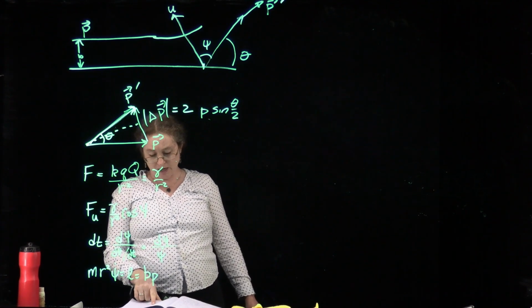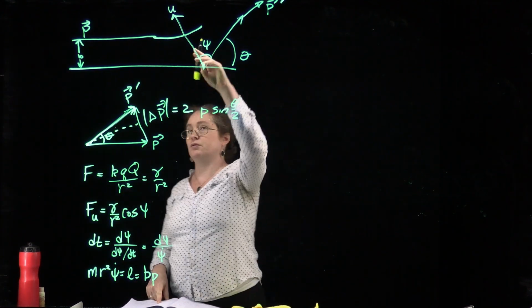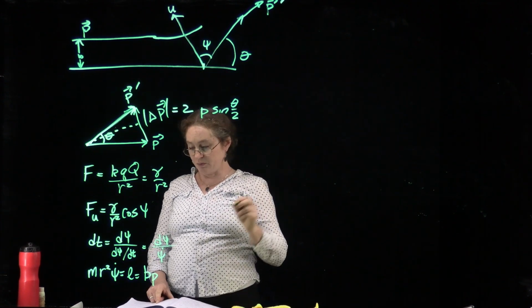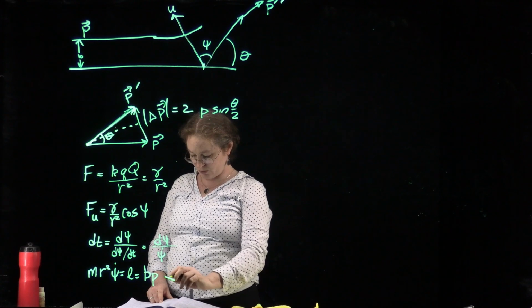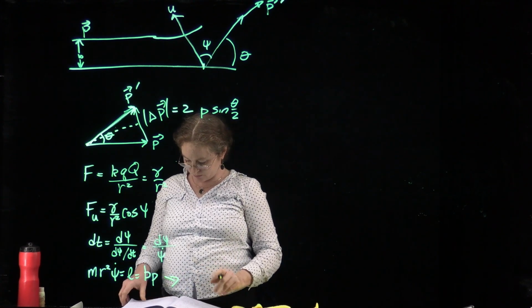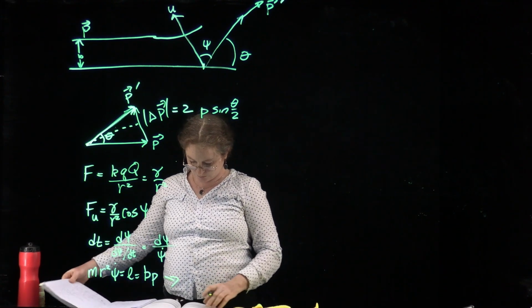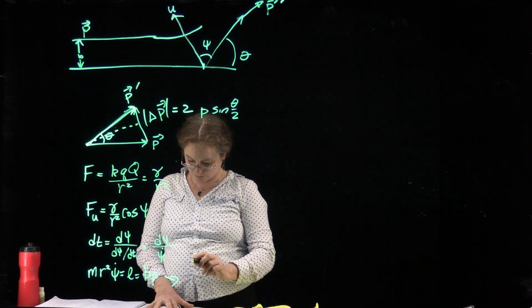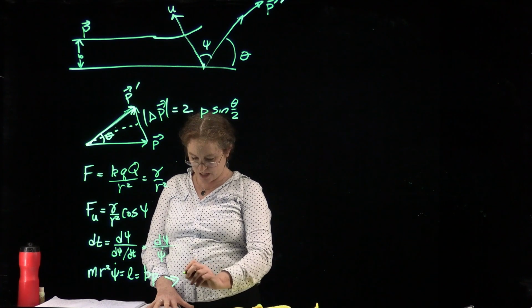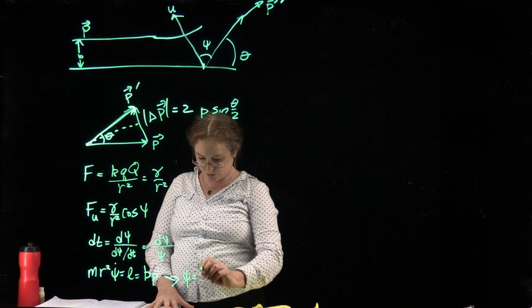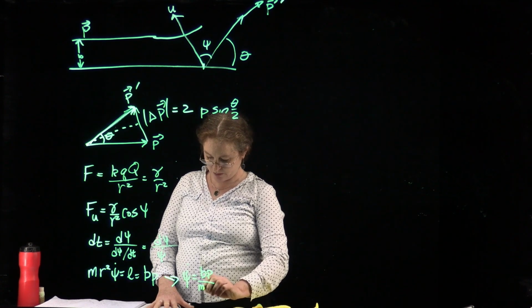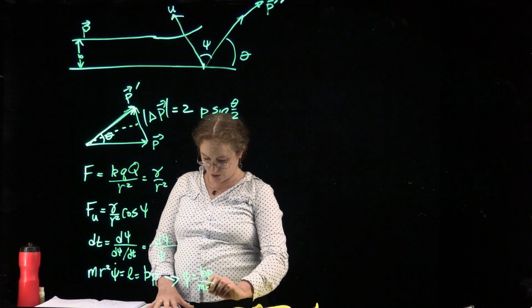And the r from this radius here is b. So we can use this to get psi dot equals b p over m r squared.